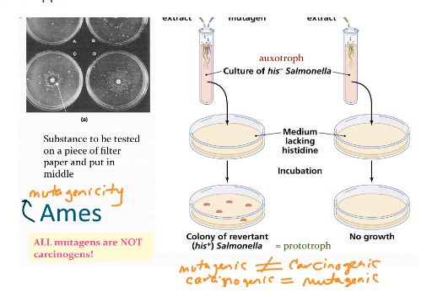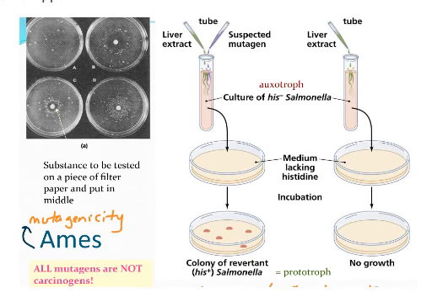A test is run and done in media that doesn't have histidine in it. So there are new mutations that can occur that can restore a bacteria's ability to synthesize histidine and grow in a media that doesn't have it. Therefore, if there's growth, you can assume that whatever is being tested, the suspected mutagen, is in fact mutagenic.